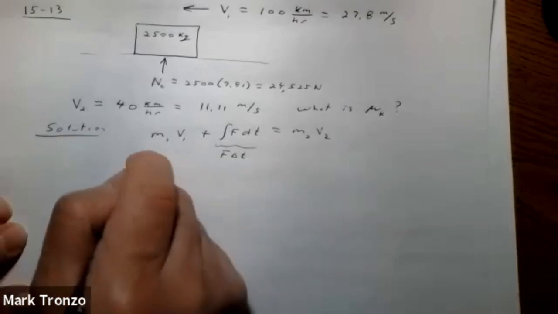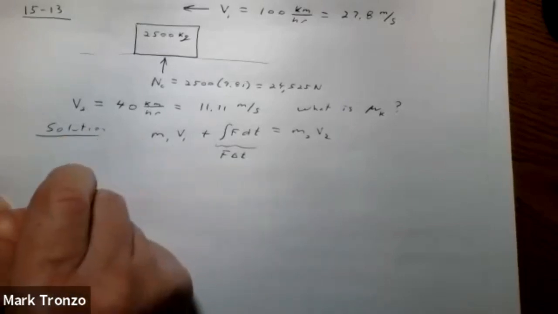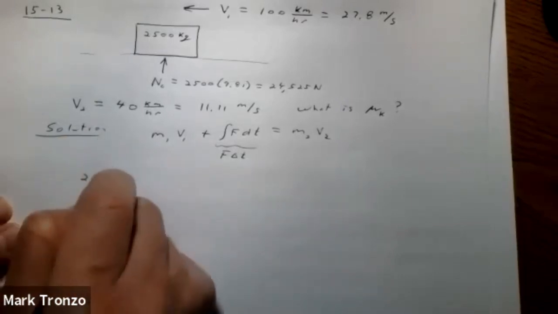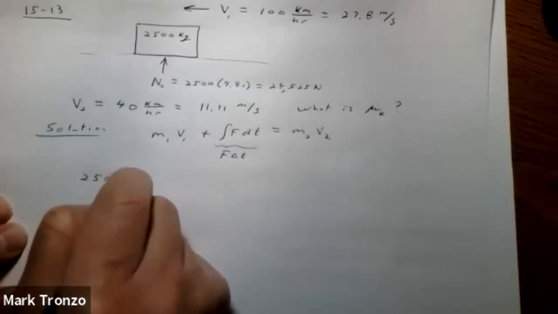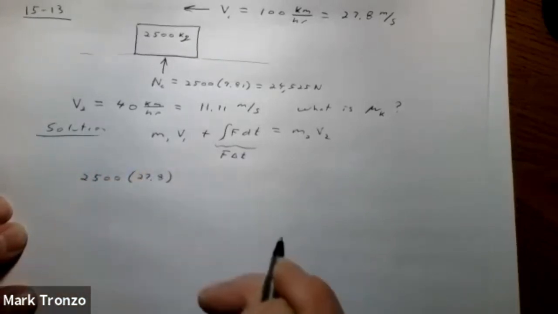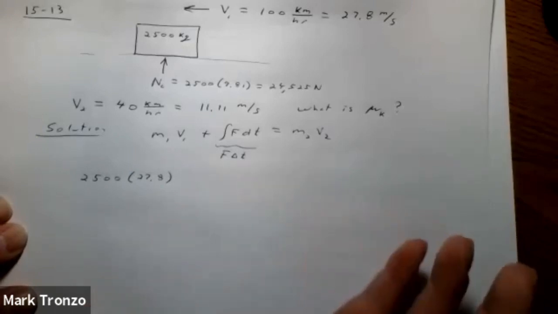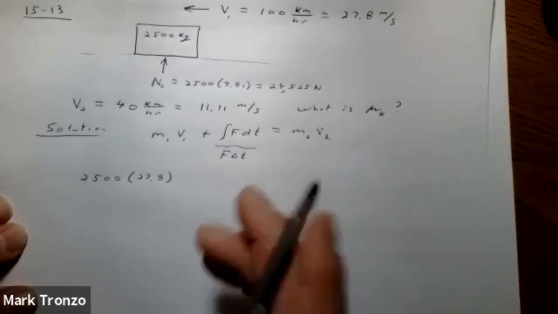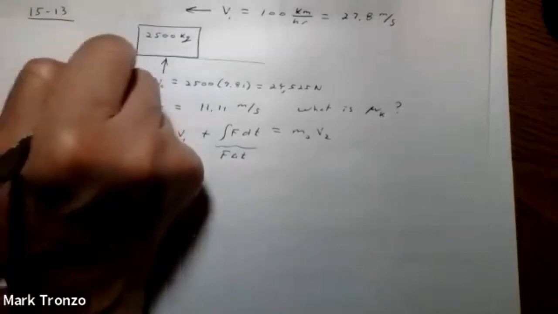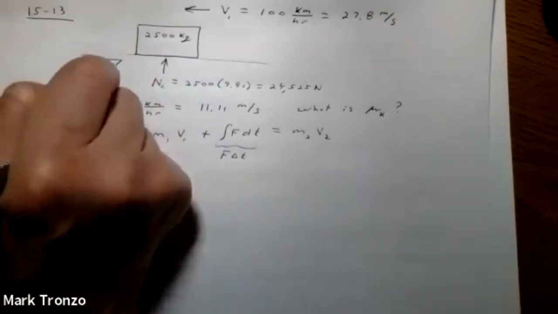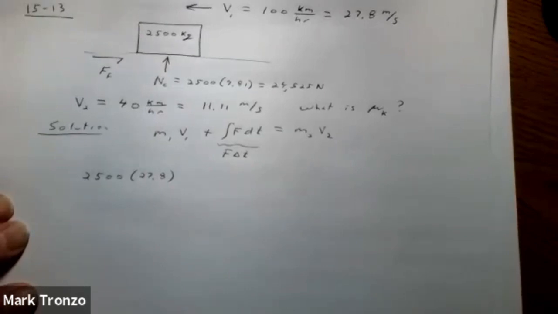And so for our m1, again, we have a 2,500 kilogram car. It's traveling at 27.8 meters per second. Now, the only force that's going to be applied when we apply the brakes is going to be friction force. In other words, when the brakes are applied, there's going to be a friction force that's going to try to slow it down.